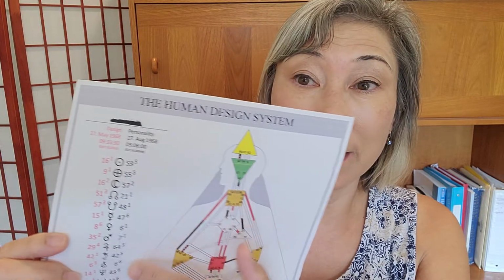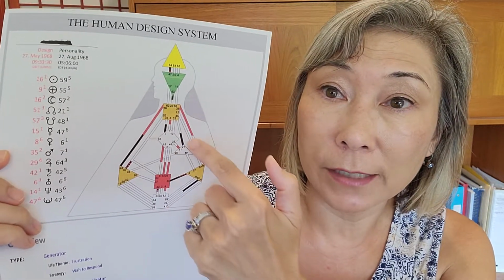So the black aspect, all of these gates that are in black on your human design chart, those aspects are known as the conscious personality gates, and they are taken from the imprint of your chart at the time of your birth.